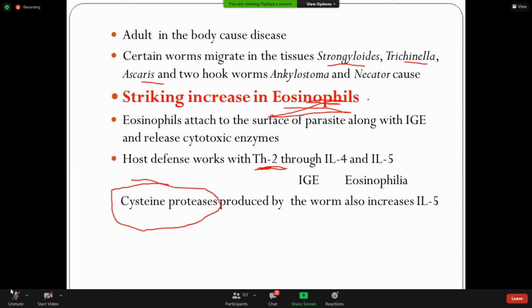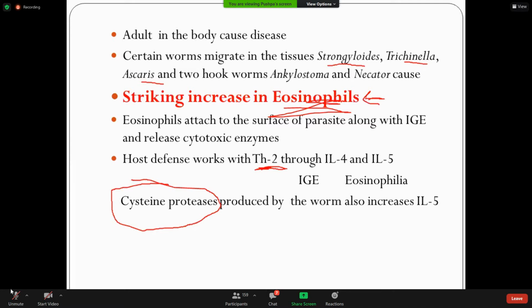So when the eosinophil level is increased in your patient's CBC, it should ring a bell in your mind that maybe this person is suffering from some allergic disease, some parasitic infestation, or something like that.